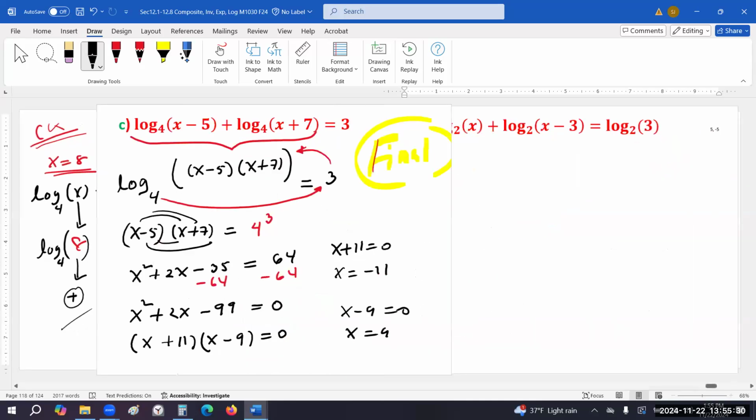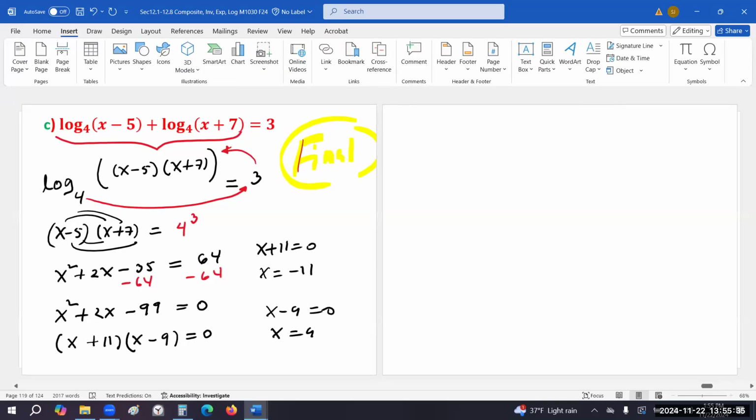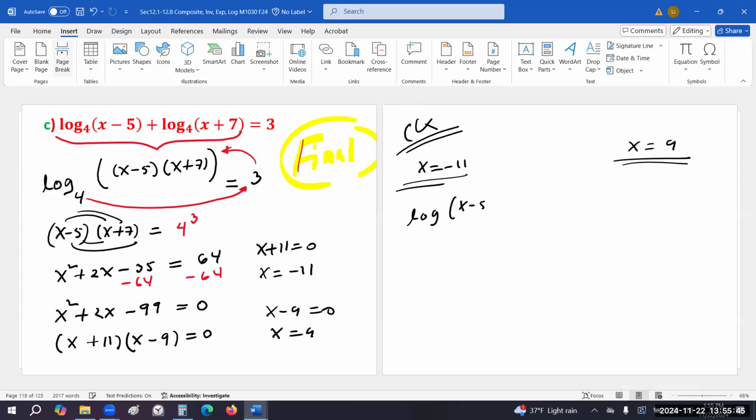But just because we got them, it doesn't mean they both will work. So we have to check them. Negative 11, positive 9. We have log of x minus 5, x plus 7. If you want, you can use the second part, the single log.